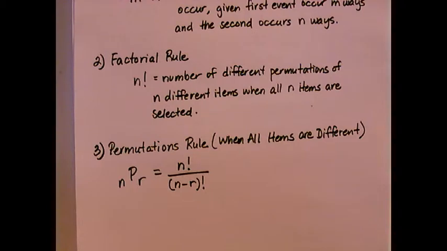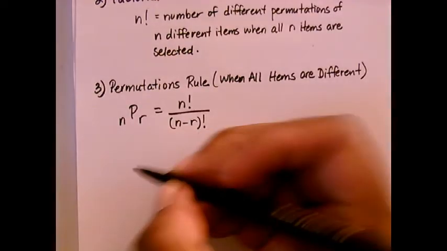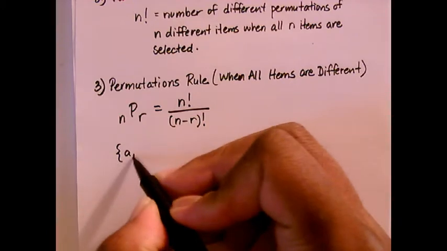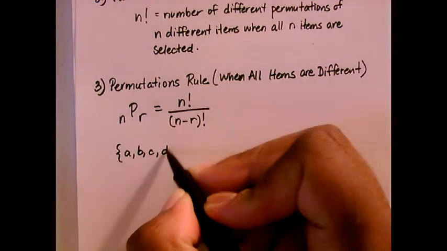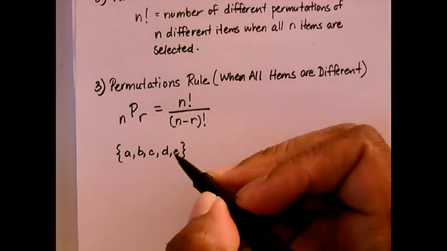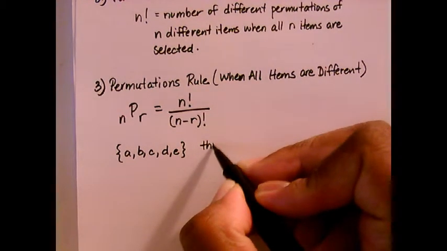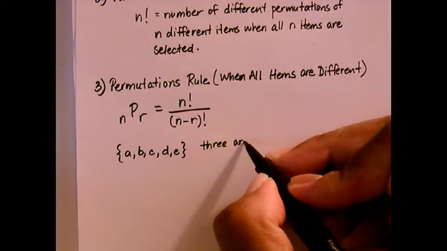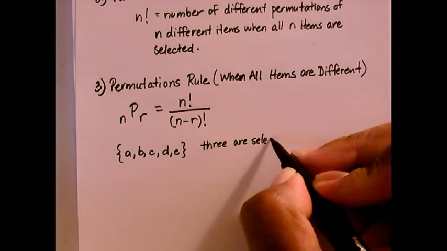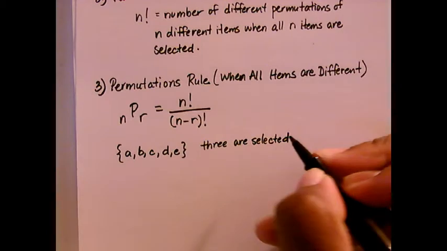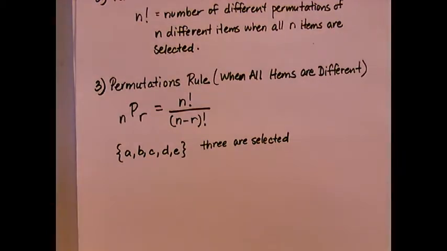So in this case here, an example of that, and I'll do one just like this. Let's say we have 5 letters, A, B, C, D, and E, and they are available. 3 are selected without replacement.